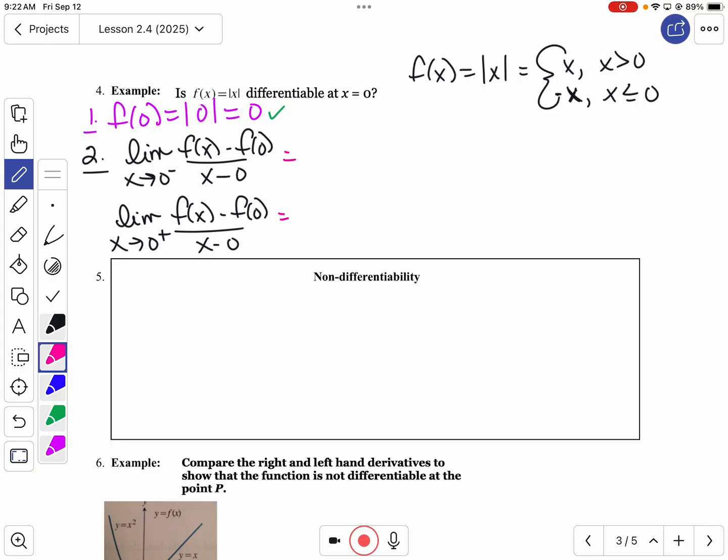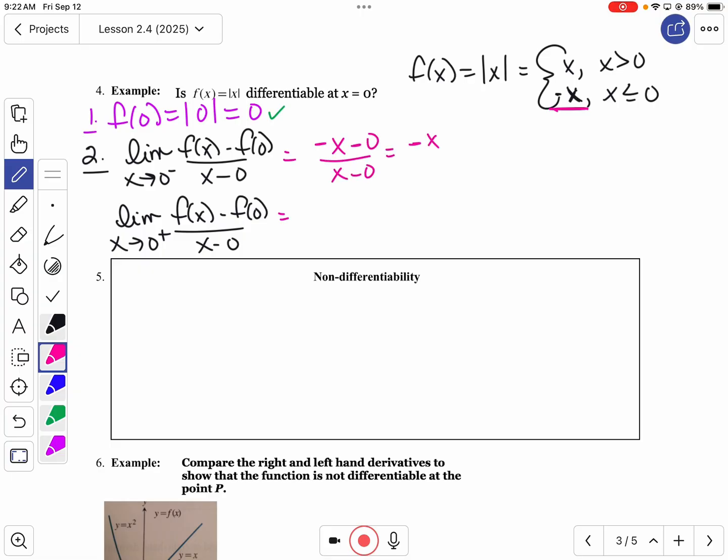Okay, so let's look at this. We got to do these two limits. We got to approach 0 from the left and 0 from the right. If I'm approaching 0 from the left, which piece of my function am I going to use? The bottom piece, where it's the opposite of x. So I have the opposite of x minus 0 over x minus 0.